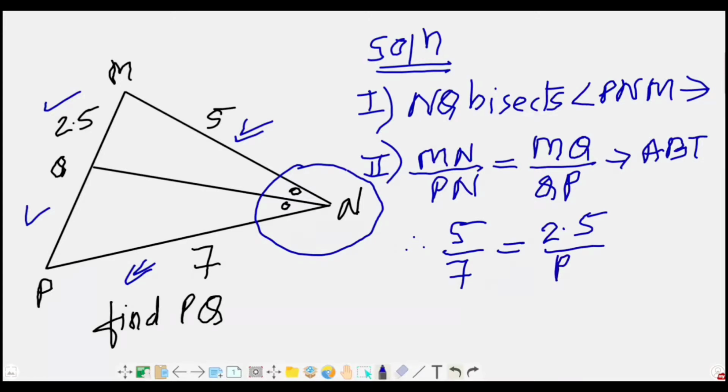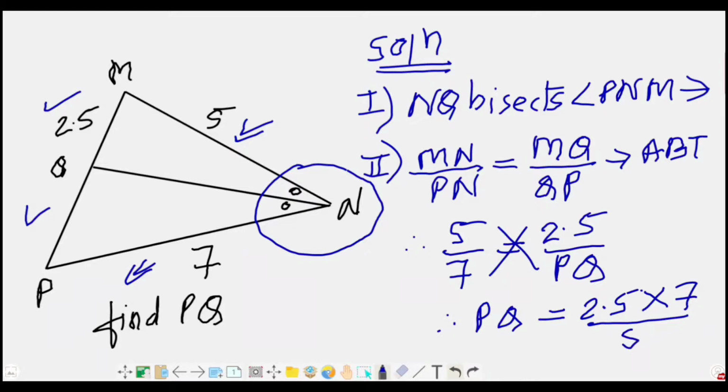QP means our PQ only. Now cross multiply. Your PQ will be 2.5 into 7 upon 5. 5 ones are 5, this will be 0.5. When you multiply, your PQ will be 3.5.